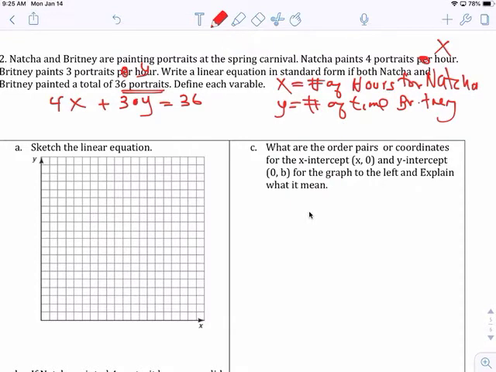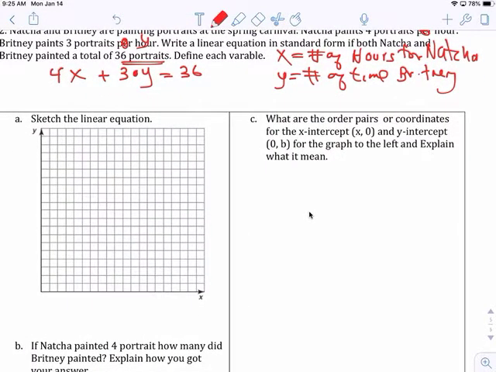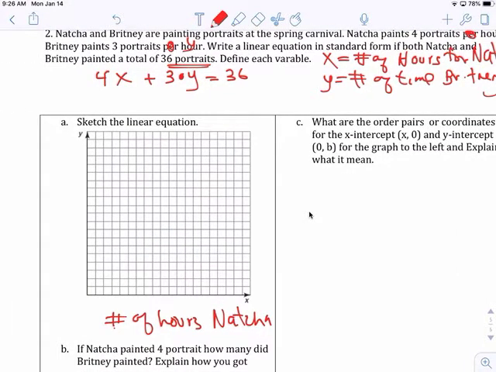They don't want it precise, so first you need to put X, number of hours, for Natcha, and Y is time for Brittany, number of hours. Should be hours here. Change it. This should be hours, not time.